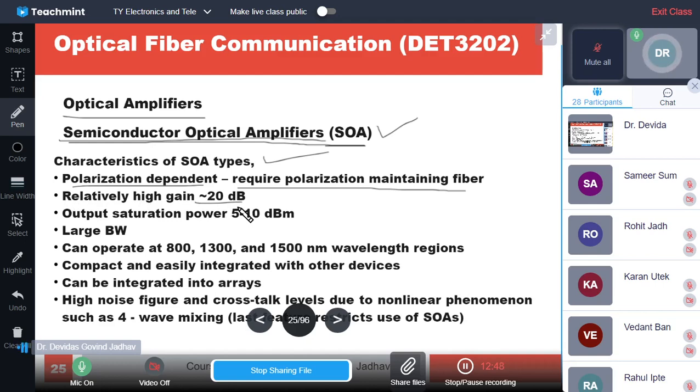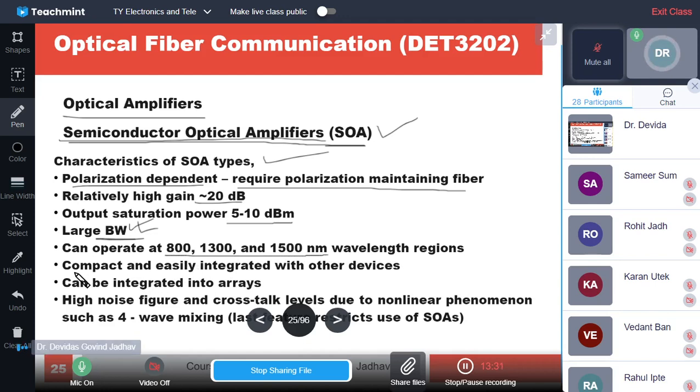If one signal is multiplied by 5 times, 9 times, 10 times. Output saturation power is 5 to 10 dBm, that is dB per milliwatt. Large bandwidth can be achieved, and it can operate at 800, 1300, 1500 nanometer wavelength regions.